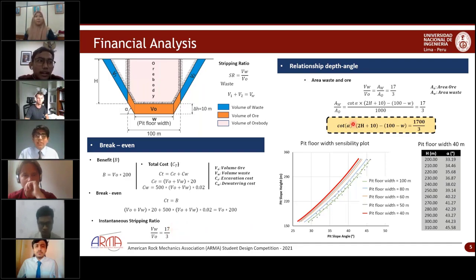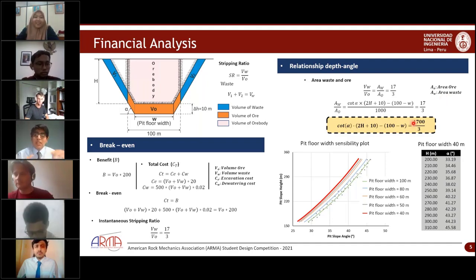We then expressed the stripping ratio in terms of the area of ore versus the area of waste, relating the slope height, the pit floor width, and the overall slope angle, as shown in this mathematical expression.